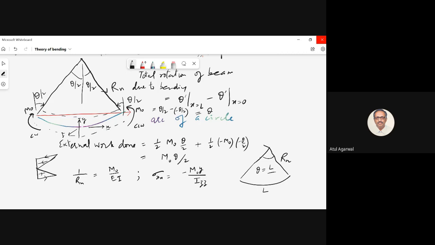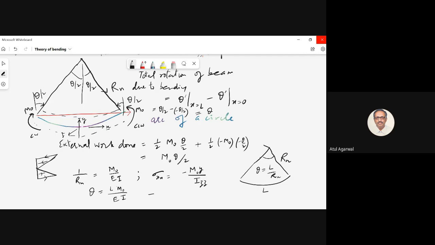Theta is equal to L upon R. If you have any doubt, let me know. So what becomes your theta? L upon R neutral. This is theta, the total rotation, as you see here in the diagram.